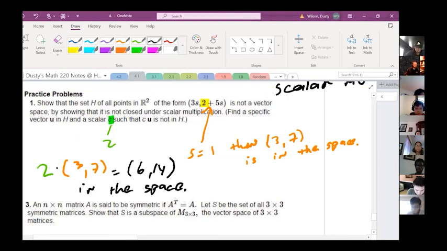It should be pretty obvious that it's not, because for this to be true, s would have to be 2 to make the 6 work. But if you made s equal to 2, the 14 wouldn't match. Same thing, Ahmed, if we chose 0, we would get a 0, but 0 is never going to be of this form right here. Does that make sense, Ahmed? Yeah. So there's most of practice question number 1, just a little bit of a hint there.